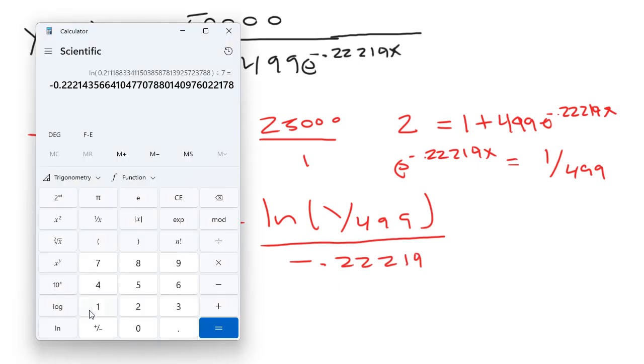So in this case, we have 1 divided by 499, and then natural log. Okay, there we go. So that's negative 6, sorry, divided by negative 0.22214, and we hit enter.